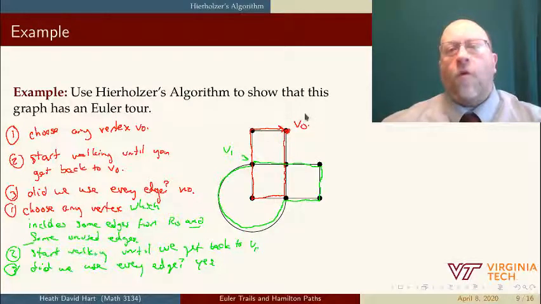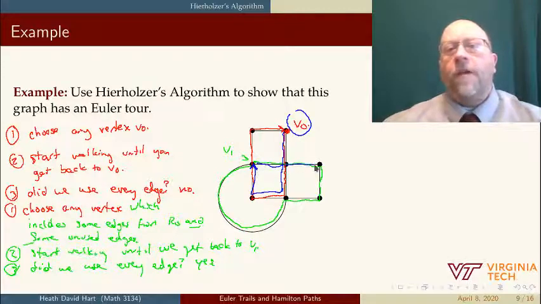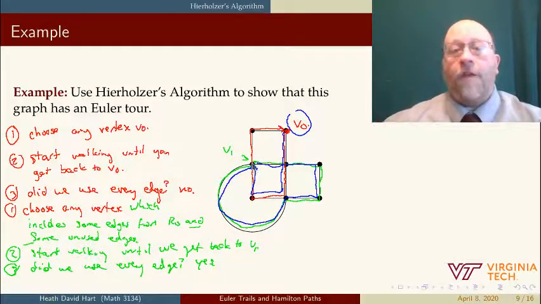I'm going to start walking along my first circuit, V0, until I hit V1. At the moment I hit V1, I push the first circuit onto a stack, and I start traversing the second circuit until I get back to V1. Then I pop the first circuit off of the stack and finish traversing it.